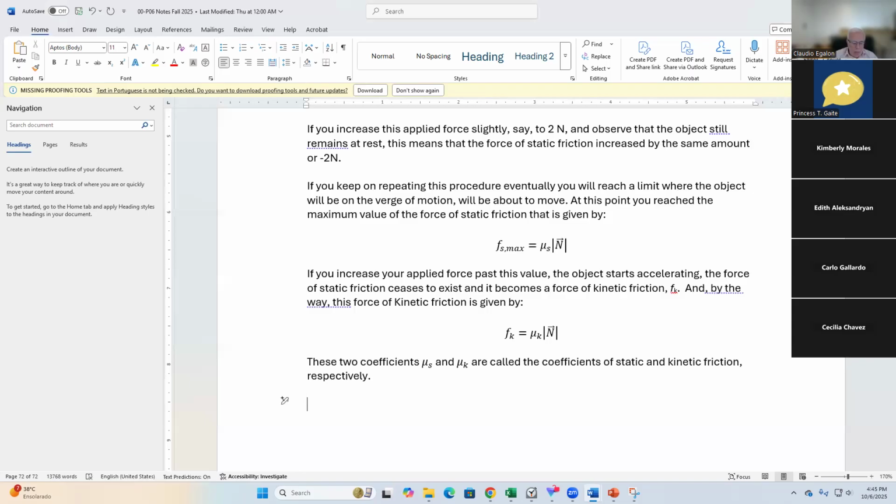Usually, mu sub k is less than or equal to mu sub s.